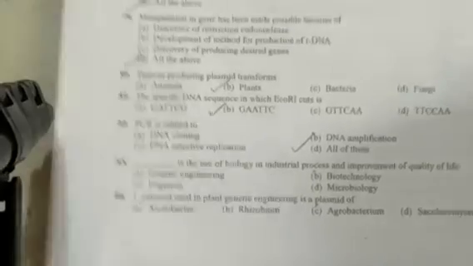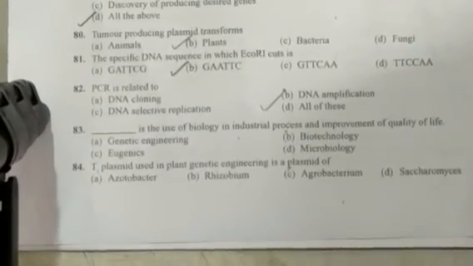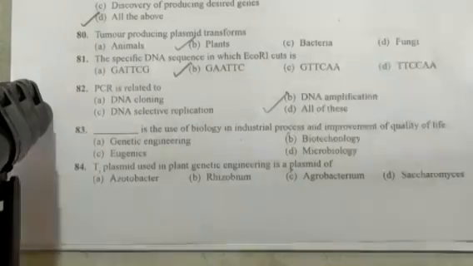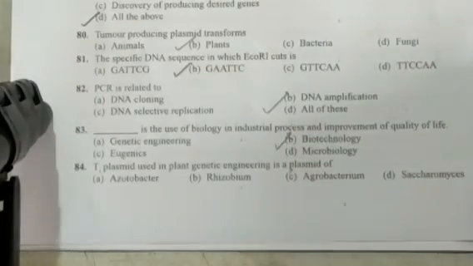Dash is the use of technology, the use of biology in industrial process and improvement of quality of life. Dash is what he's asking. A, genetic engineering, it can be, but when biotechnology is there, this is the most appropriate answer. If biotechnology is not there in the options, then genetic engineering is the use in biology. So here the answer is biotechnology.